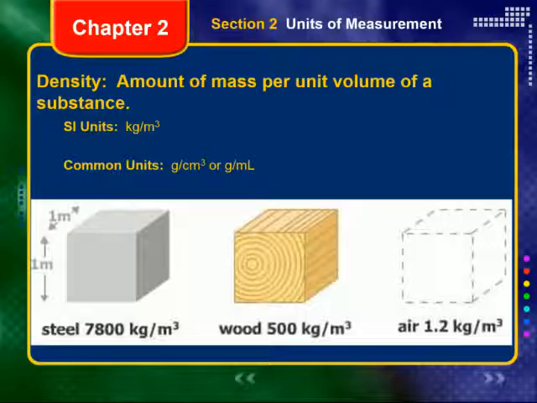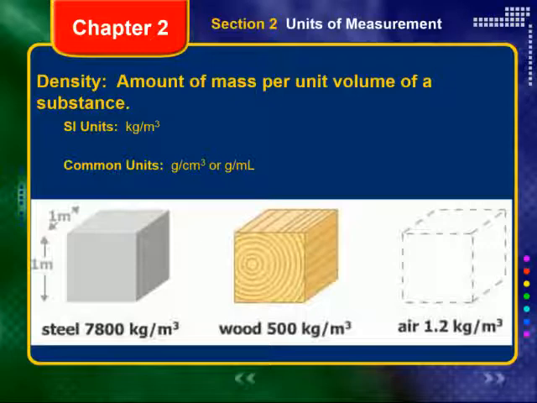Density. Density is the amount of mass per unit volume of a substance. SI uses kilograms per cubic meter. More common units that we will actually use more commonly in this course are grams per cubic centimeter and grams per milliliter.